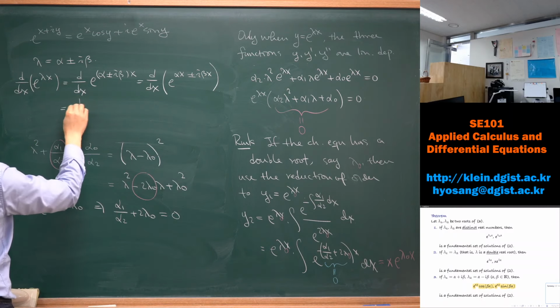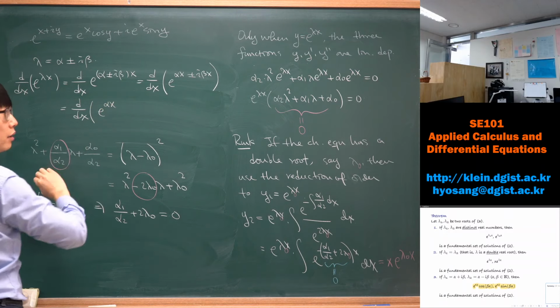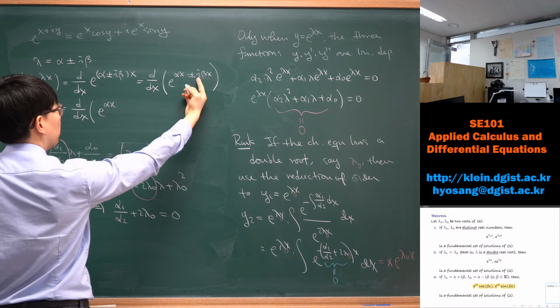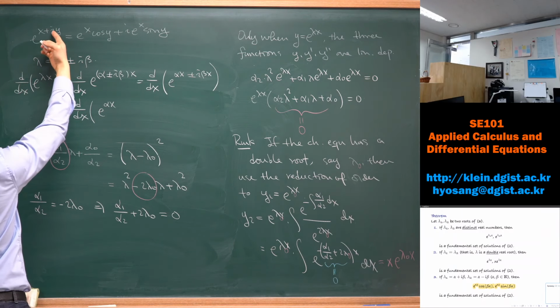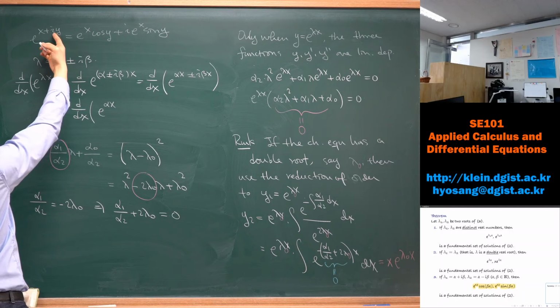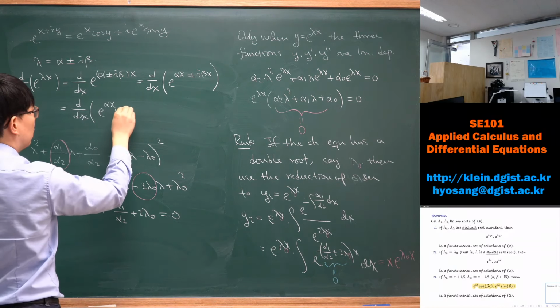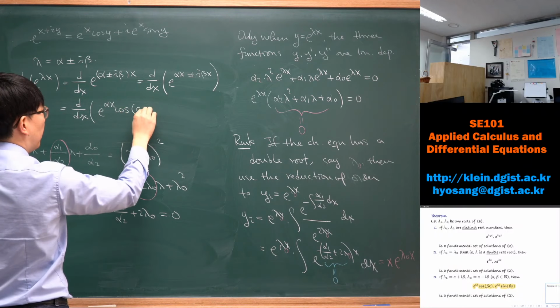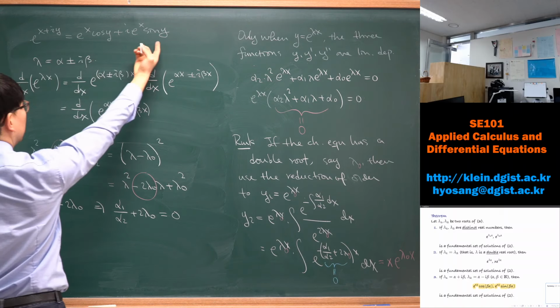So this is e to the alpha x, and then the imaginary part is multiplied by the I, inside of cosine and sine. So this is cosine beta x. So if you have a plus here, then this is the formula.